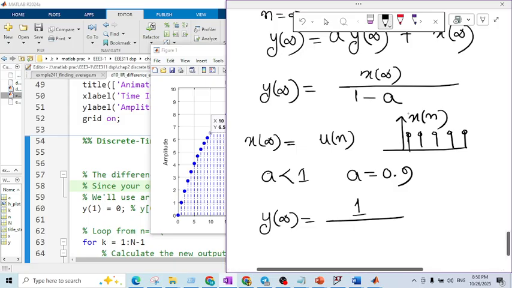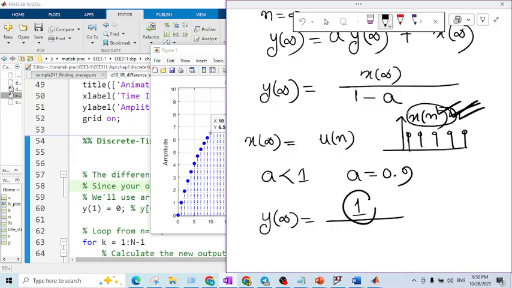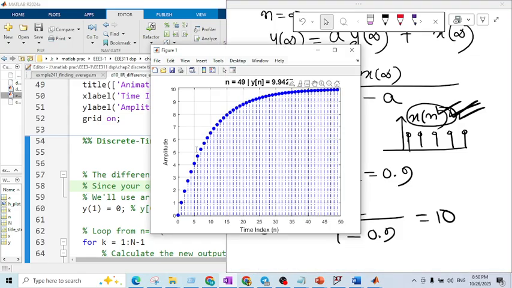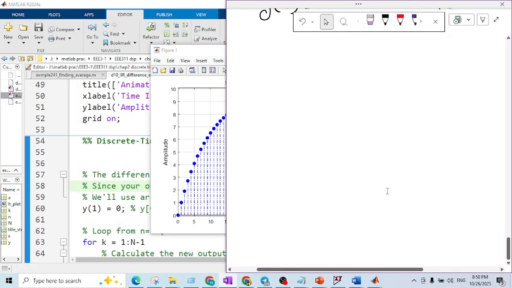As you see, this value is all the time 1, that means when the time is infinity x is also 1, so I have put 1 here. Then a is 0.9, so you see this is actually 10, and that's why this is approaching the value 10.